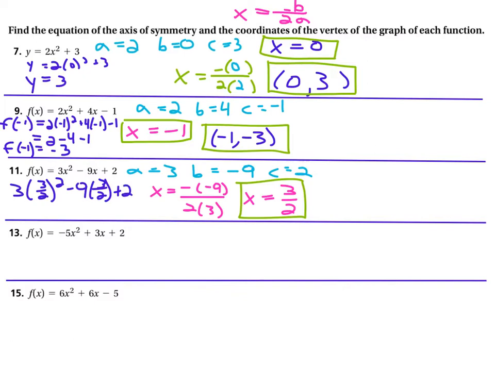I will continue this below and keep going on the right-hand side. So 3 times, what is 3/2 squared? It is 9/4.